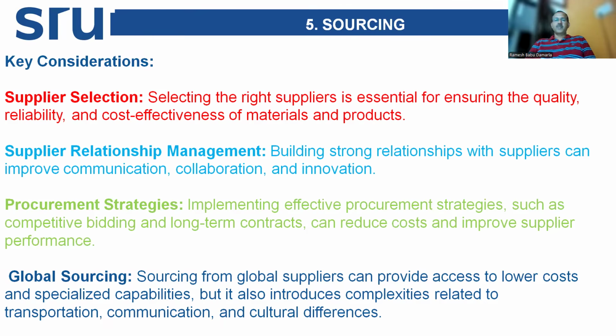Then the suppliers will apply through tender document, they bid for it. So companies will take a decision through this bidding and tendering process to decide which supplier is the best supplier for us. So this will reduce the cost and improve supplier performance.